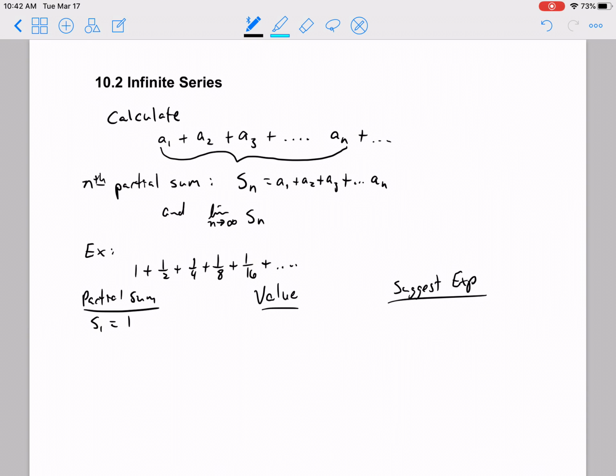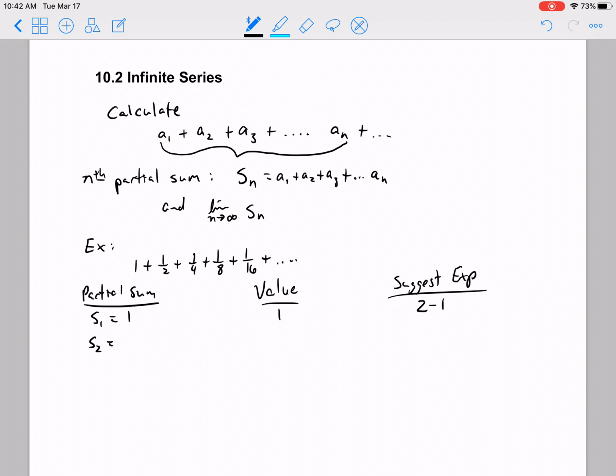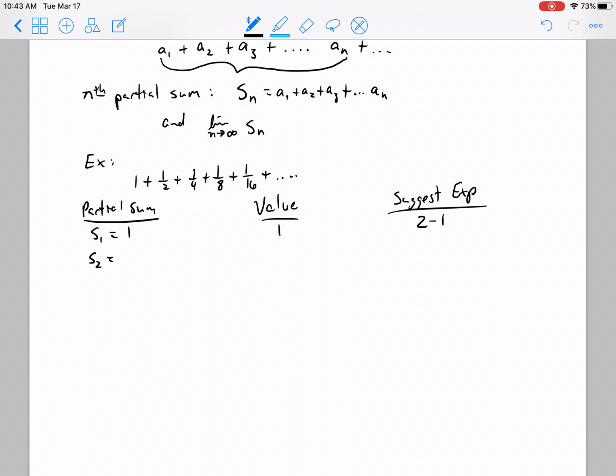So S1 equals 1, value is 1, and maybe we could write 2 minus 1. S2 is going to be 1 plus 1/2, and that gives us a value of 3/2, and that could be 2 minus 1/2. And S3 could be 1 plus 1/2 plus 1/4, and that's 7/4, which is going to be 2 minus 1/4.